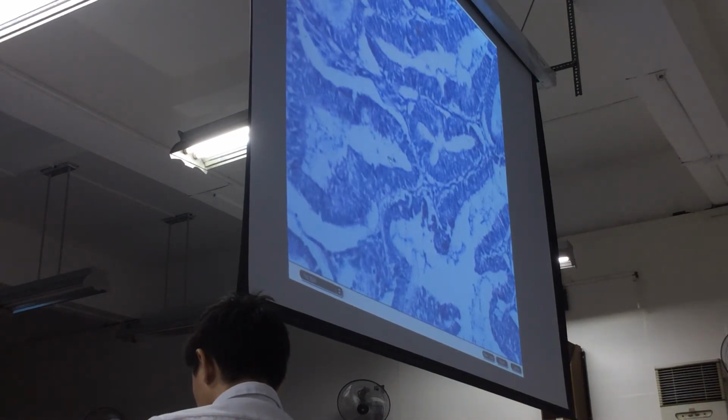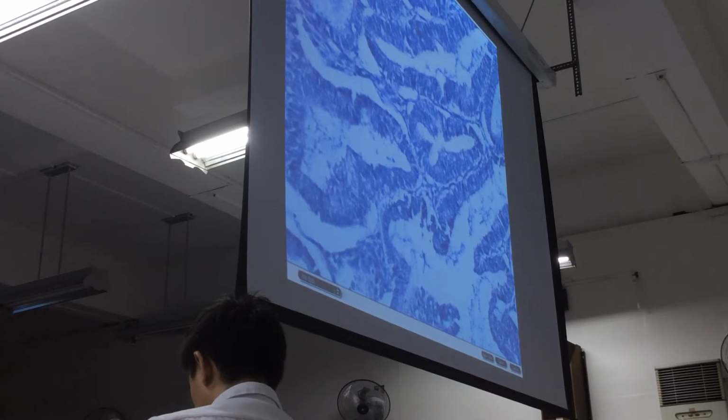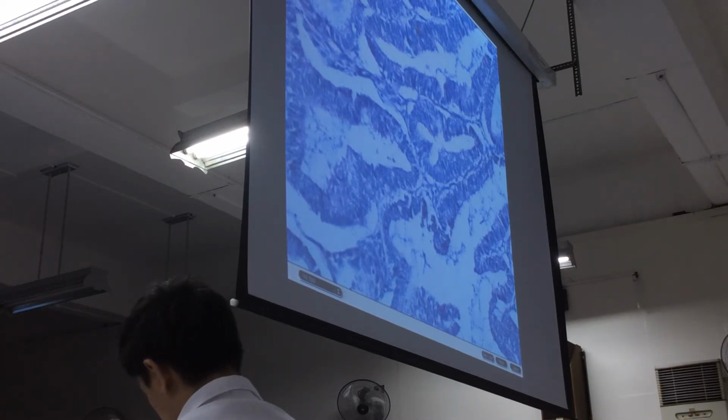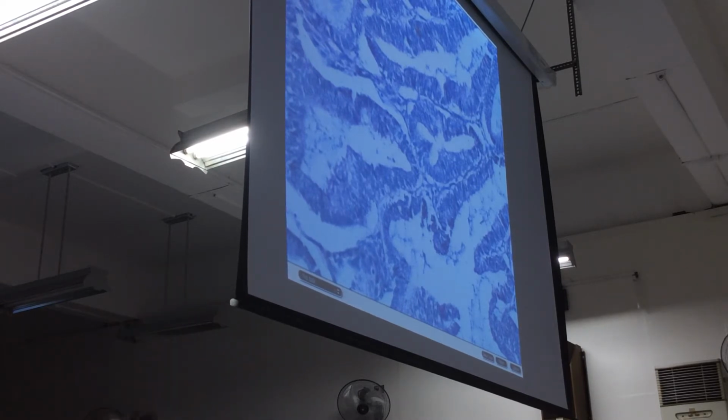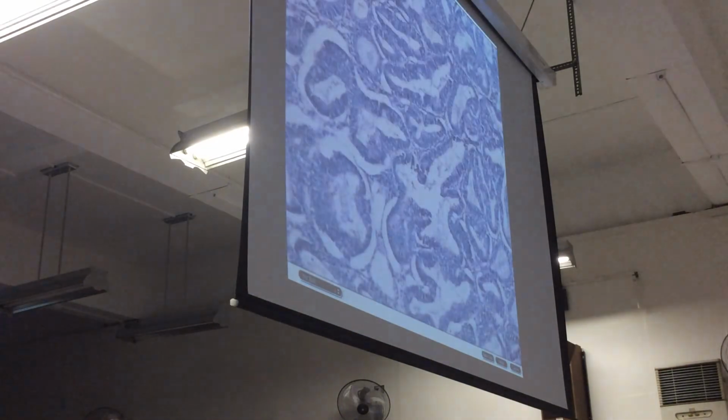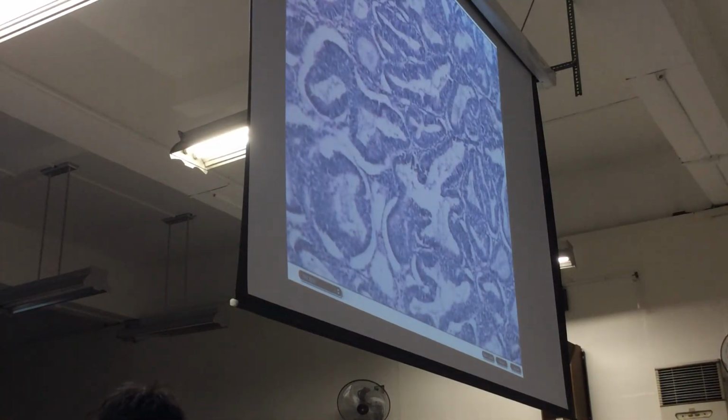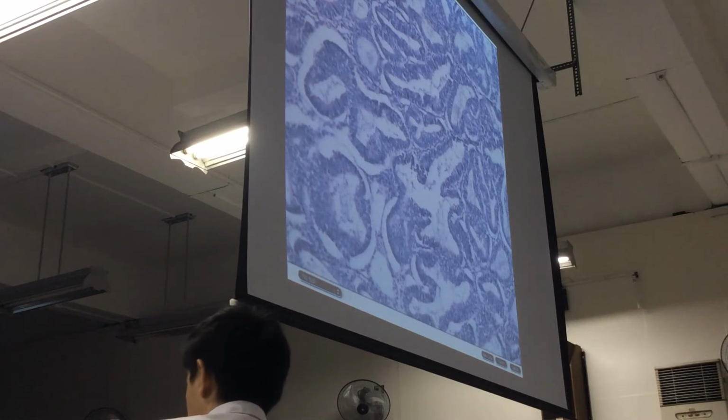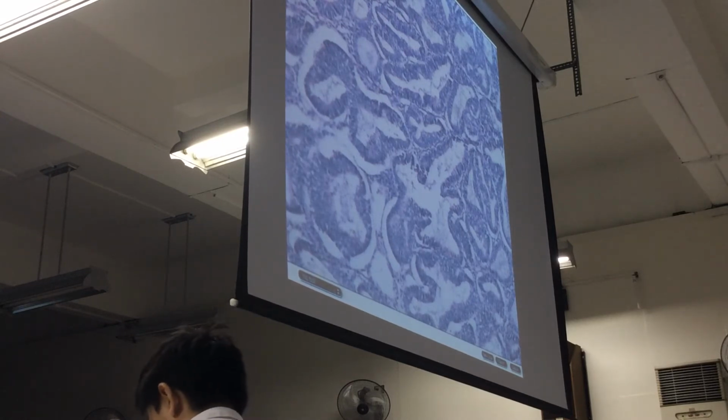So, lab na lab nila isa't isa, kaya magkakatabi talaga sila. Konti lang yung stroma in between. Okay? If you look at the lining epithelium, this is what you call complex hyperplasia. Okay? Because of the architecture. Different sizes of glands, tapos magkakatabi talaga. Compactly arranged glands.